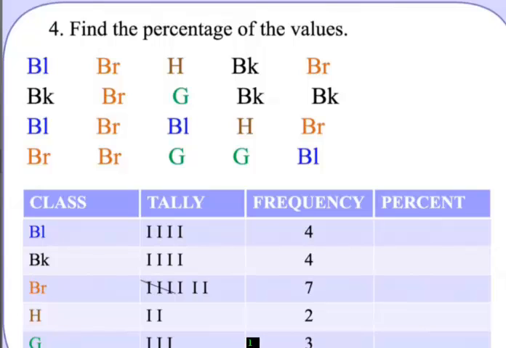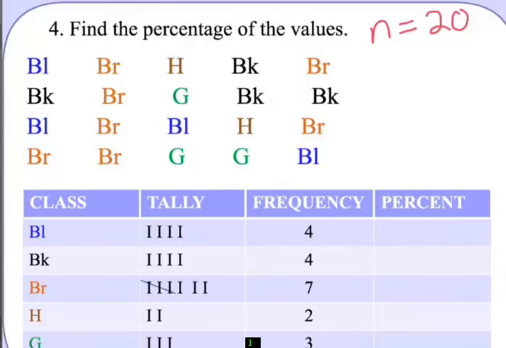Next step is this percent step. One thing that we need to look at is what we call the N. N is the total number of data points that you have. So if I count up the total number of students that I asked for this particular problem, the total number that I asked was 20.